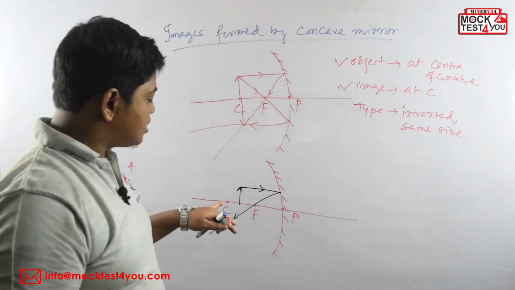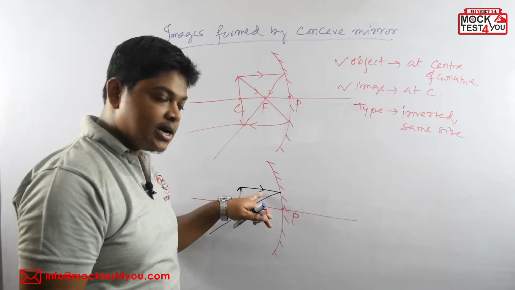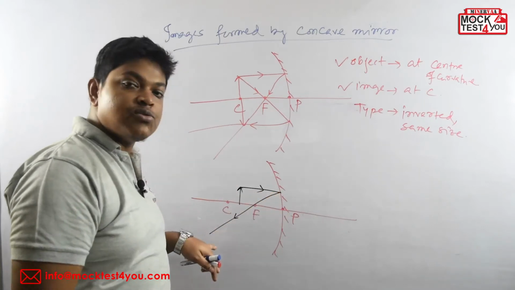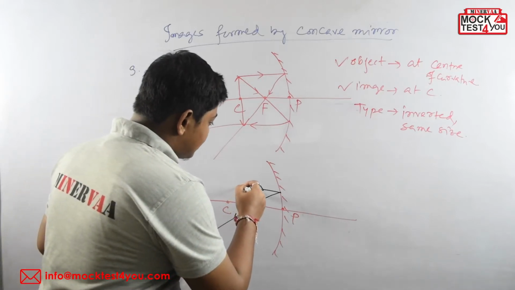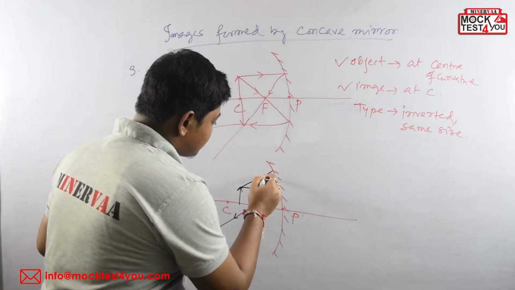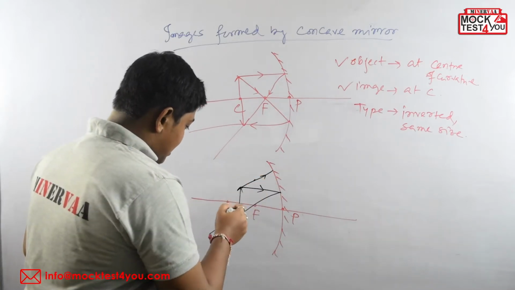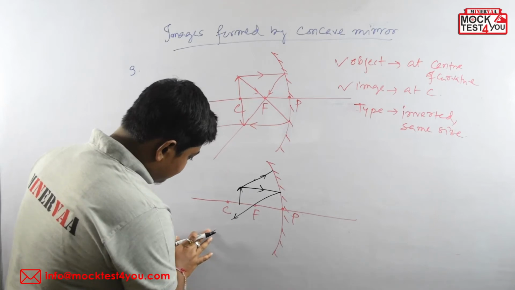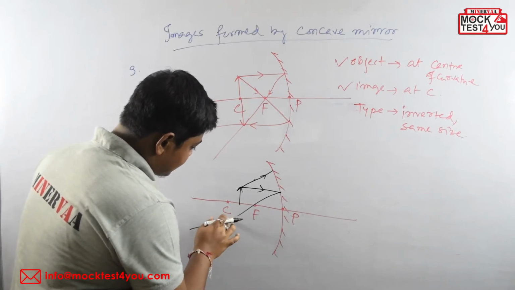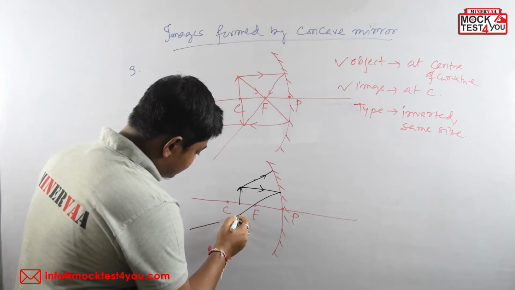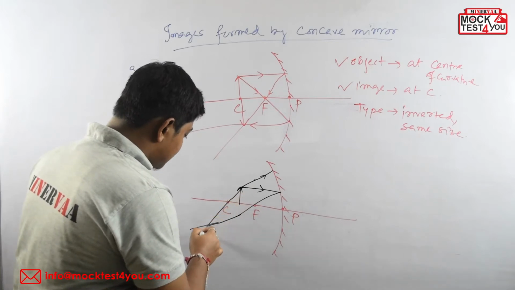अगर कोई luminous object को अगर आप center of curvature और focus के बीच में रखते हैं तो वहां से जो parallel light ray निकलेगा वो after reflection focus के through जाएगा. Now the second light ray, that is if the light ray is incident on the upper portion of the linear aperture, then what will happen? It will come back in the same way and they will meet like that. I'm making the diagram straight so you can form the image.